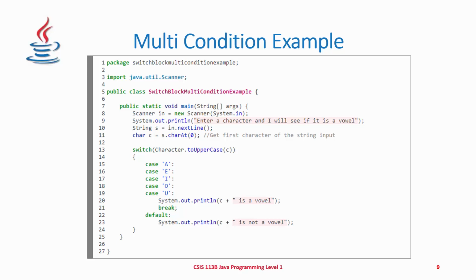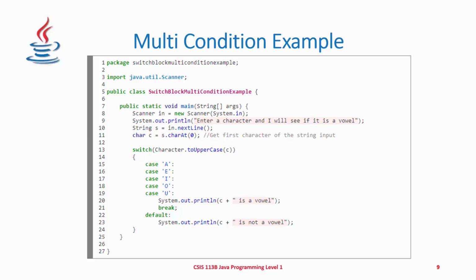In other words, grab the first character from the string, convert it to a char, and then assign it to our char c. Notice we're using toUpperCase there. So it's Character dot the method toUpperCase with our c in there, the value we want to convert to uppercase. That way we didn't have to have a case for the lowercase vowels in here. We just had to have cases for the uppercase vowels.